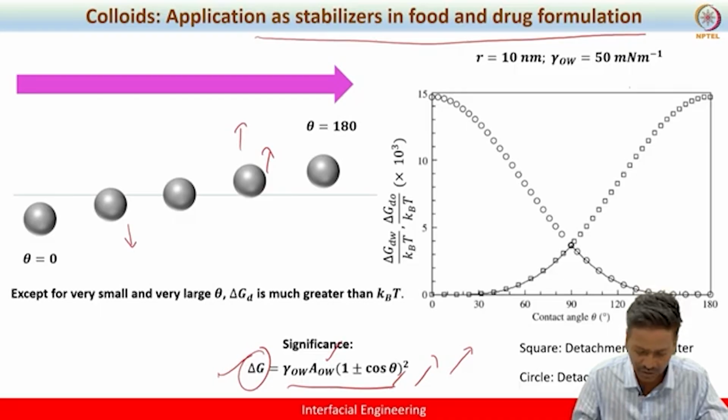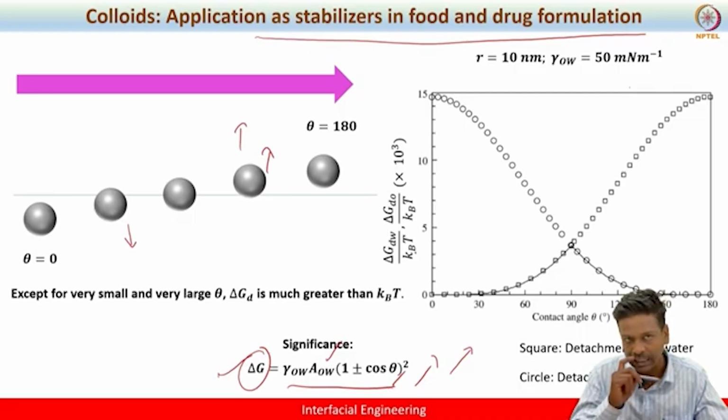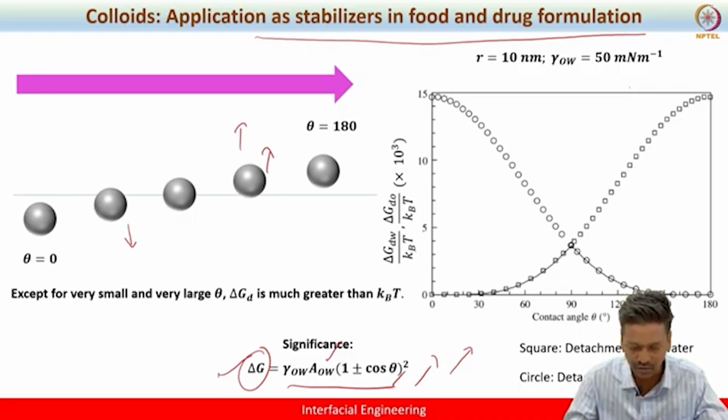In this plot, you can see that this delta G detachment into water is already normalized using the thermal energy, which is kBT, to say how much kBT is required to detach the particle, right? Both detachment into water and detachment into oil are plotted on the y-axis against the contact angle on the x-axis.